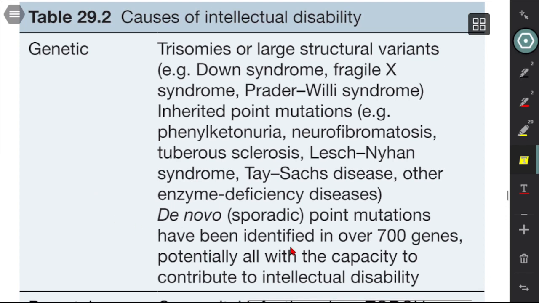De novo or sporadic point mutations have been identified in over 700 genes, potentially all with the capacity to contribute to intellectual disability. So we have trisomies, inherited point mutations, and de novo point mutations. Okay, this is for genetic causes.